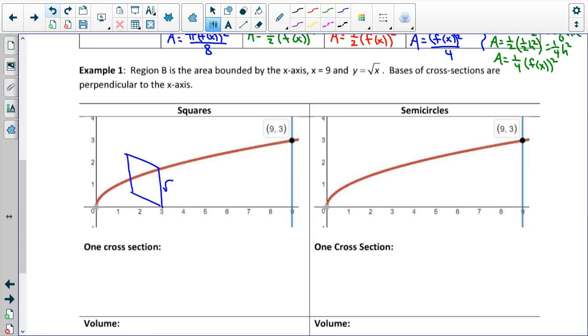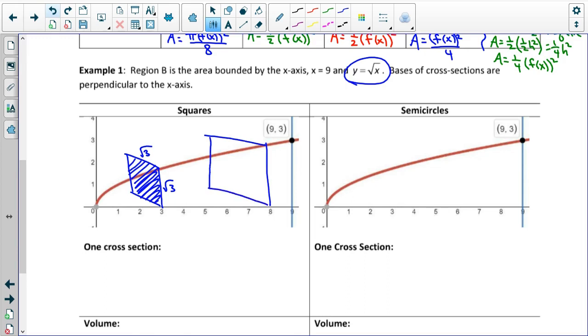And if this is the square root of 3, because this function is y equals square root of x, then since this is a square, this length will also be the square root of 3. And so I have this square, and then I have another square that's coming out at every other spot.